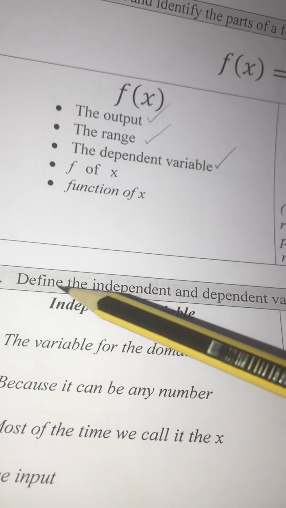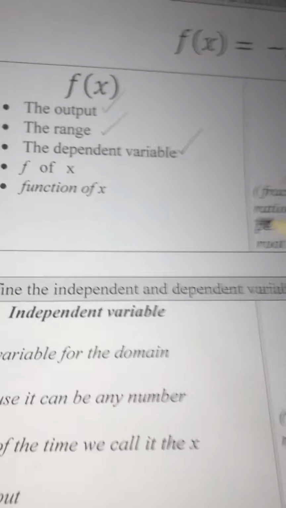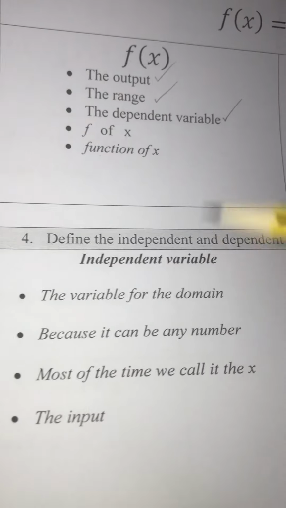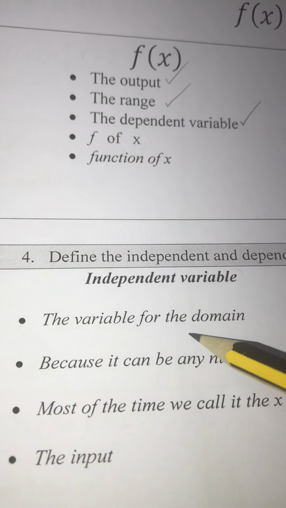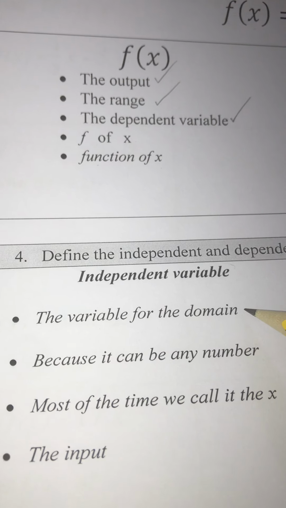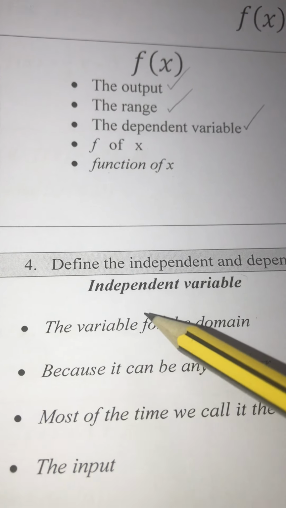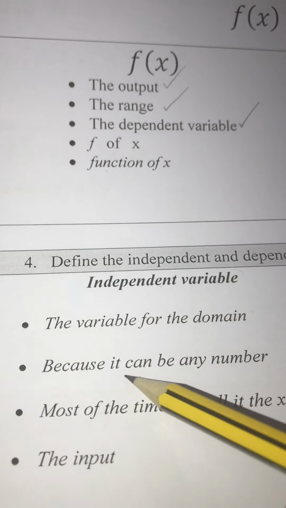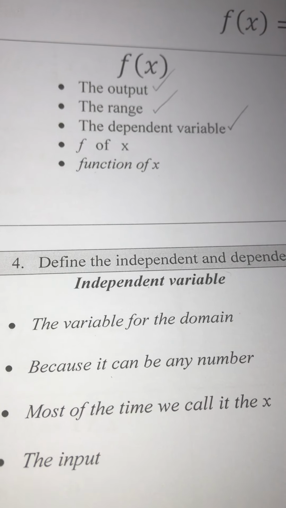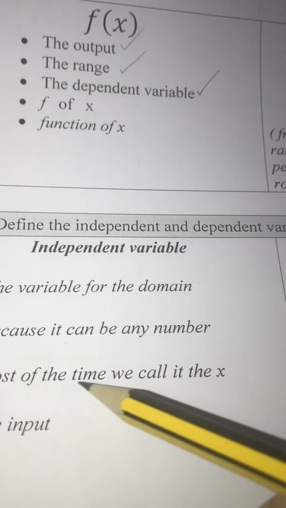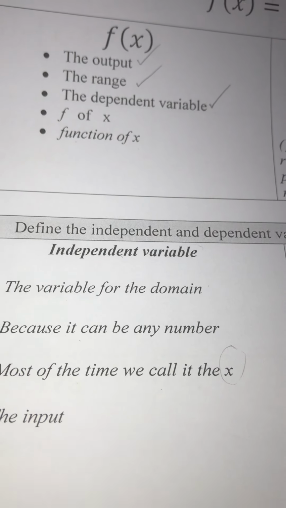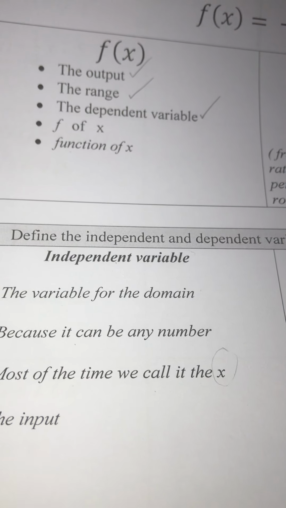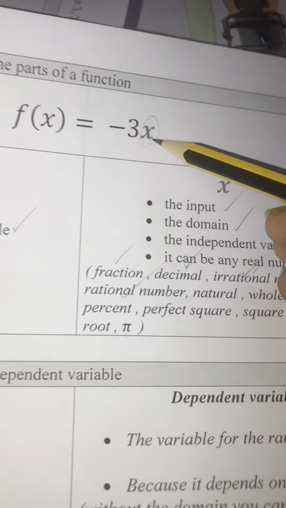Okay? All right. Now here we are going to define the independent and dependent variable. What is the independent variable? The variable for the domain. Why are we calling it independent? Because it can be any number. Most of the time we call it x. The x is the independent variable, the input.